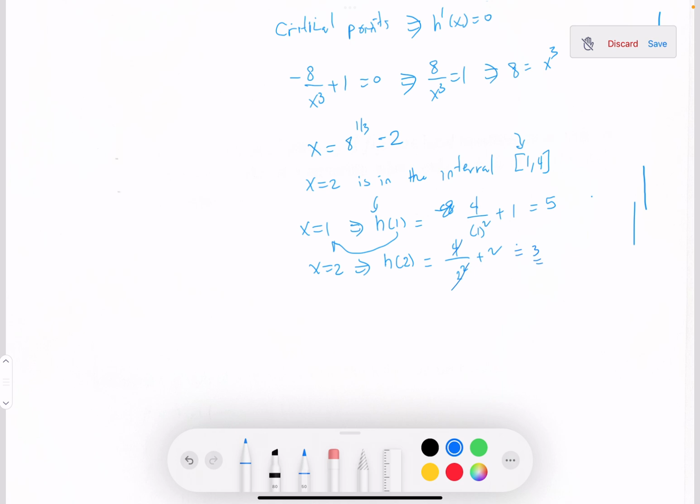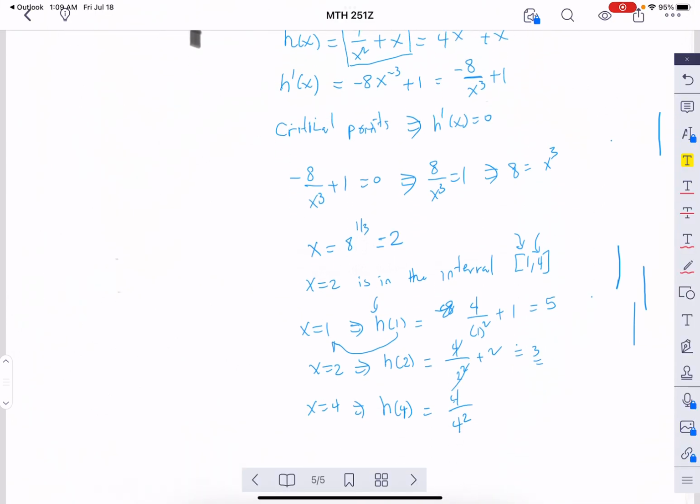Now let's look at the last point, the right endpoint, 4. At x equal to 4, the function at 4 is equal to 4 over 4 squared plus 4, because it's x squared plus x.